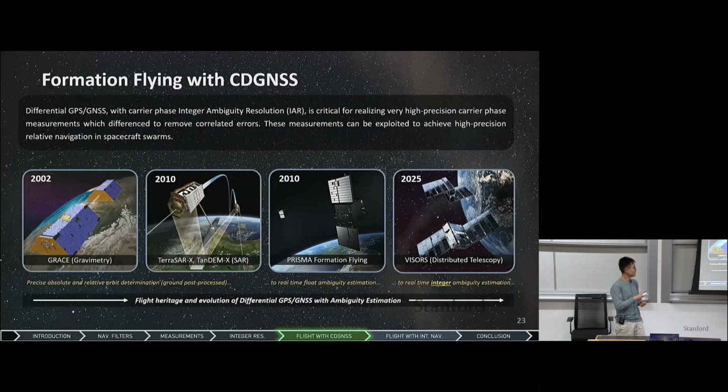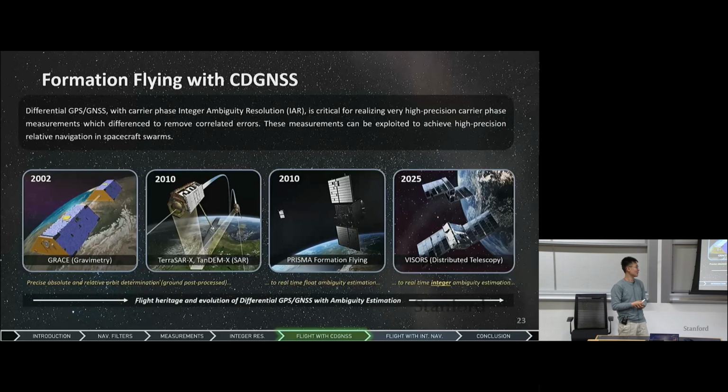GRACE at the time had bespoke GPS receivers, but the processing ability was not high enough to do onboard Kalman filtering with IAR. So what they actually did was pipe down all the measurements on the ground and do batch least squares post-processing to solve for the double difference integer ambiguity. So that's just Ax equals b, but a giant Ax equals b matrix after dumping orbits after orbits of GNSS measurements.